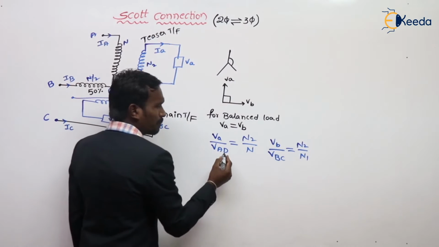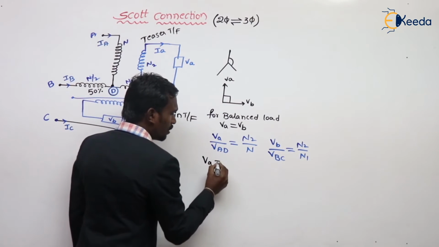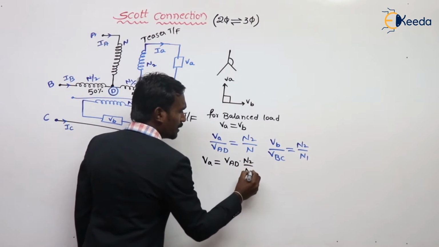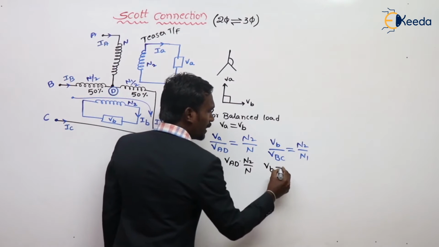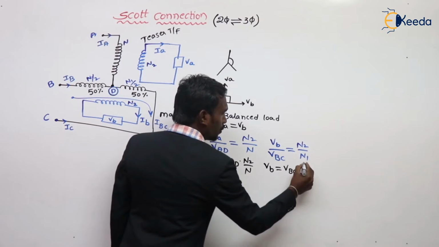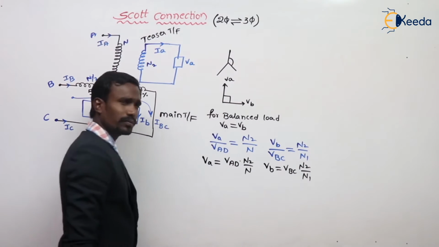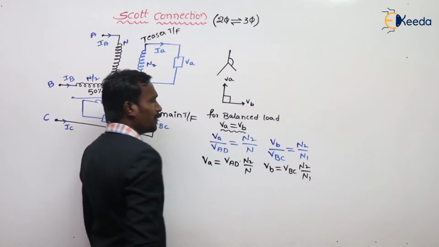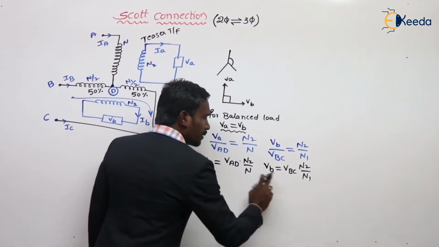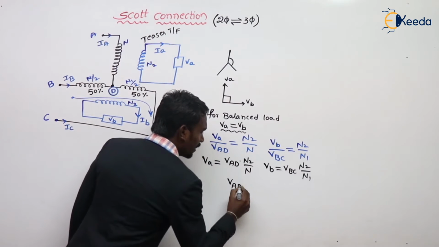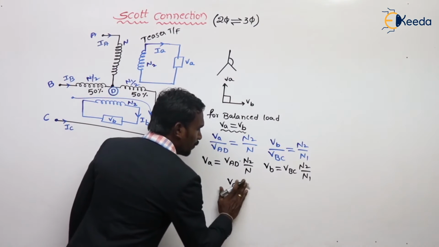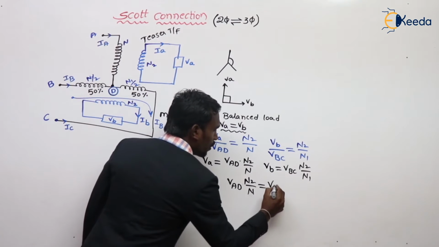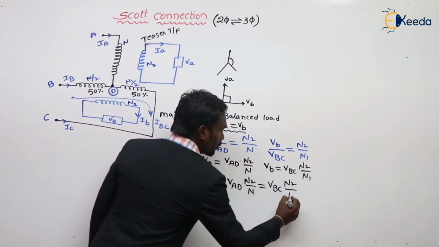From this, VA is equal to VAD into N2 by N, and VB is equal to VBC into N2 by N1. For a balanced load, VA is equal to VB, so equate them: VAD into N2 by N is equal to VBC into N2 by N1.